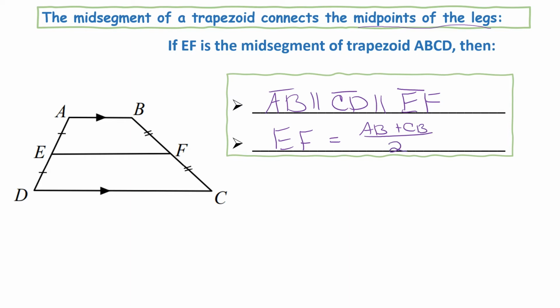So those are our properties for the mid-segment of a trapezoid. And we can see here that BF and FC are congruent because F would be the midpoint of line BC, and AE and ED are congruent because E would be the midpoint of line AD.